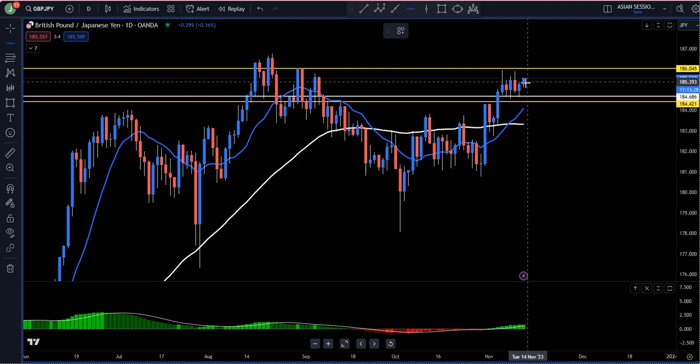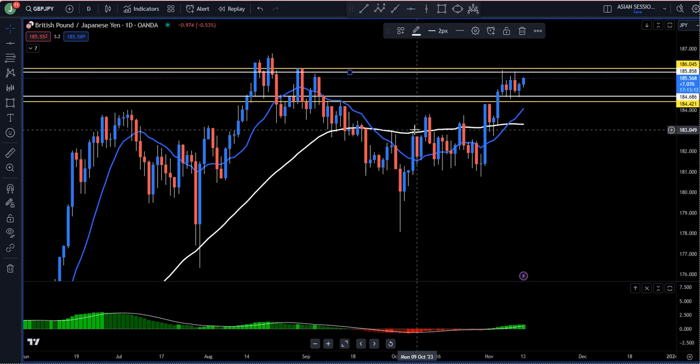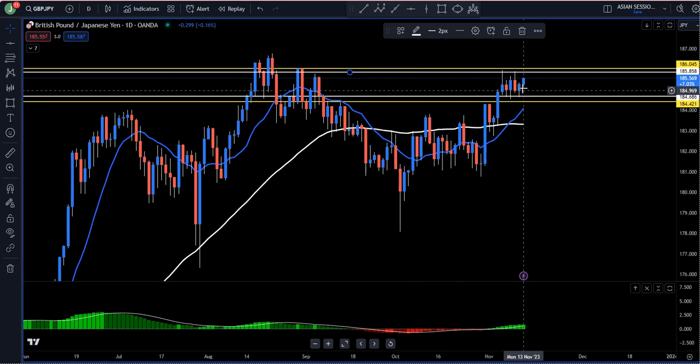But now the current candle has closed higher than the previous closed candle's resistance. So I am going to use this area right up in here as my resistance. Because this candle is still active, I can't use the high of it now.